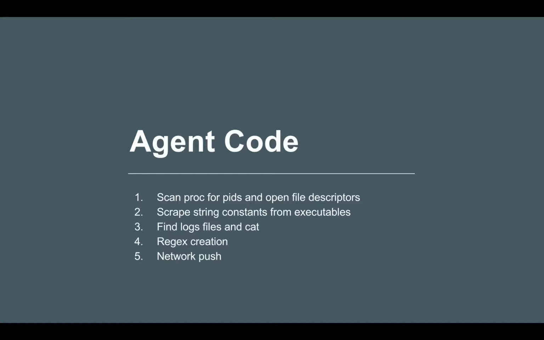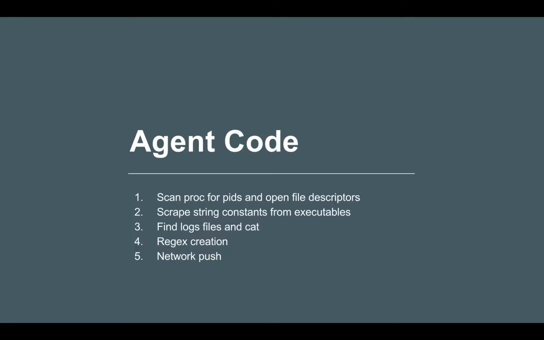What this agent does is it scans the proc file system. For those familiar with the Linux kernel, there's a pseudo file system under proc, which contains current process data, which you can read using the standard libc system calls, or rather, API.